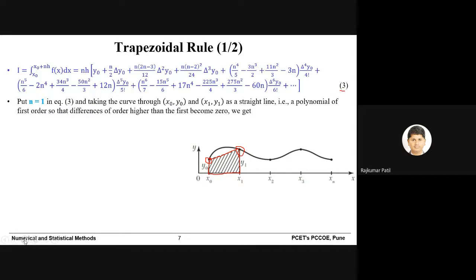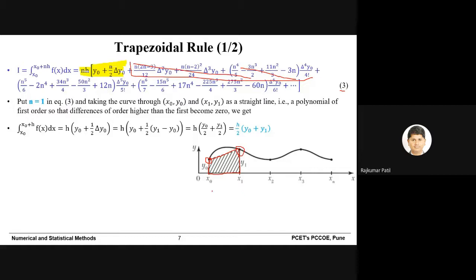When you put n equal to 1 in equation number 1, only the highlighted part will have a significant value, and all remaining higher terms will have values close to 0.